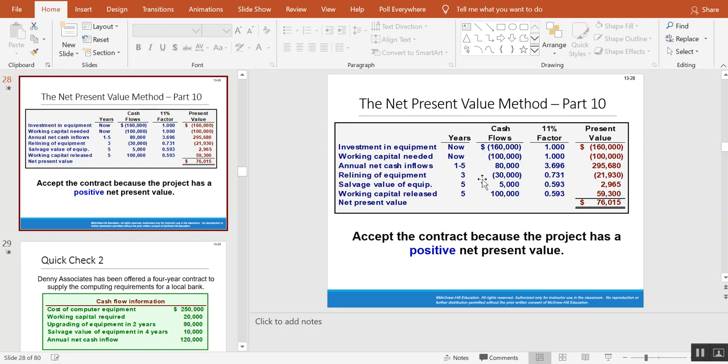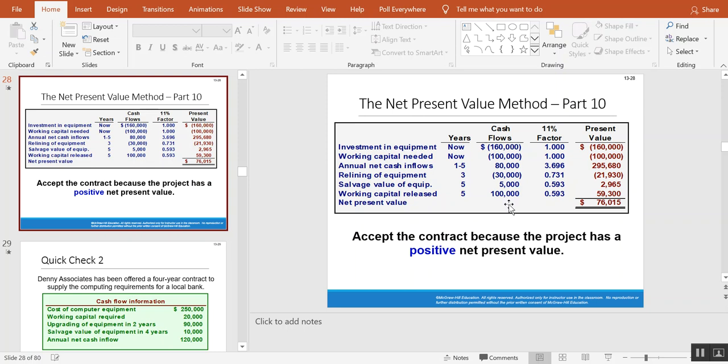Then we would have any additional infusion of cash we have in the project, how far out that is, and what kind of a discount factor we're going to use. So since it's in year 3, we look that discount factor up at 11% and calculate it here.